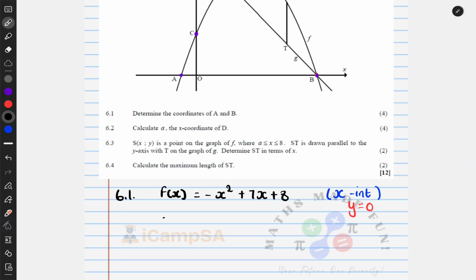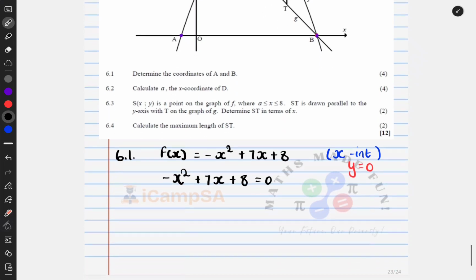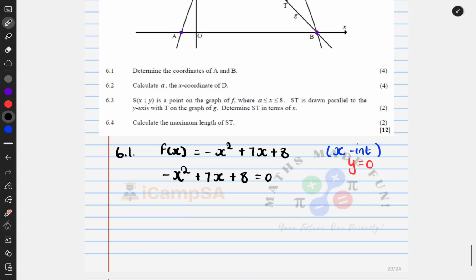Let's go ahead and do so. Minus x squared plus 7x plus 8 is equal to 0. Let's divide by -1 throughout. We will have x squared minus 7x minus 8 is equal to 0.